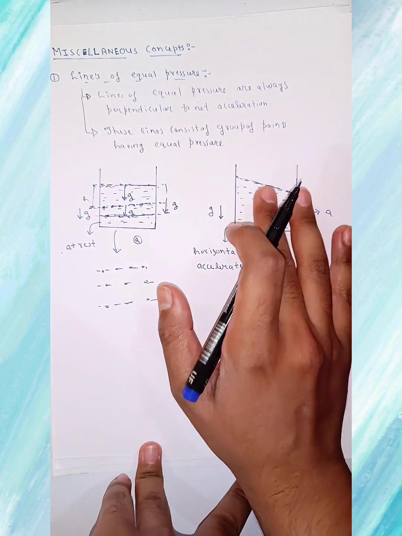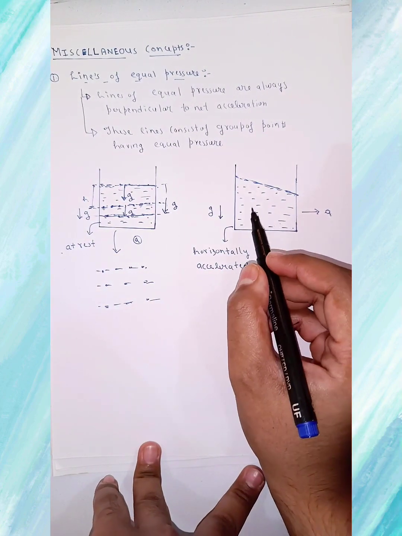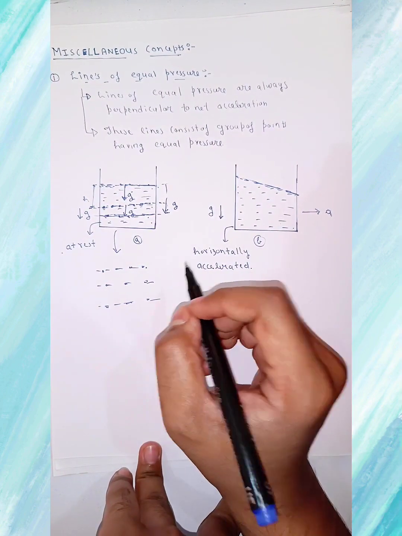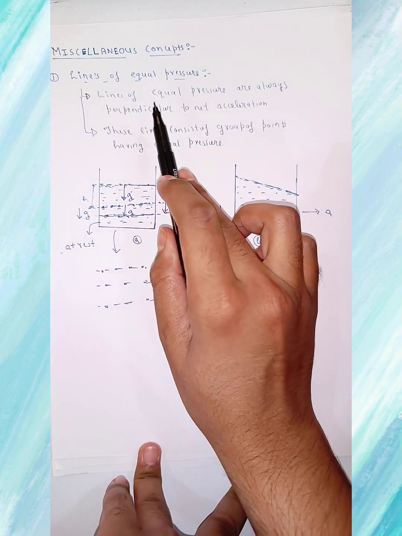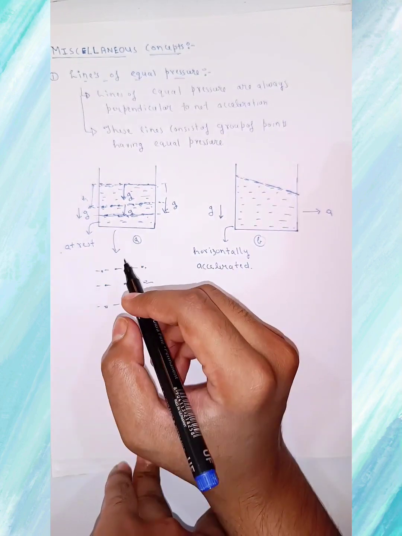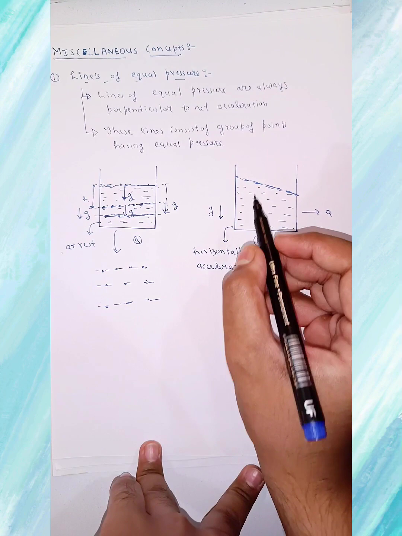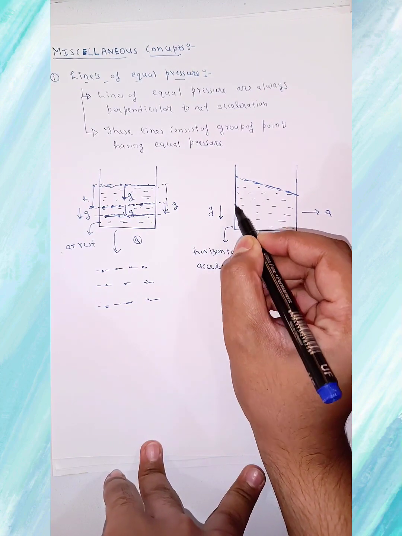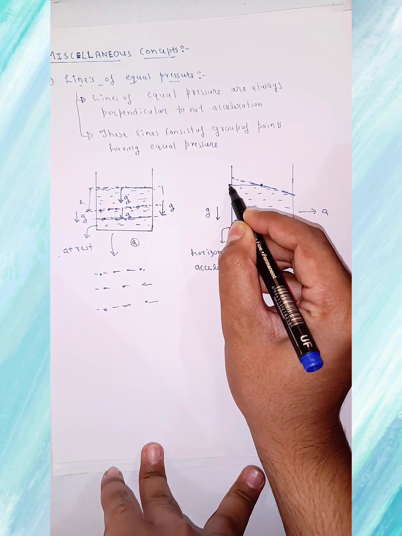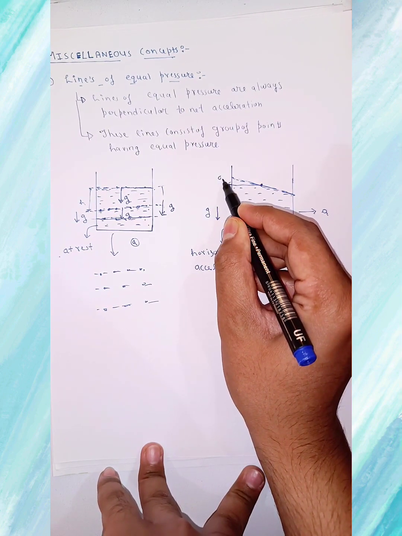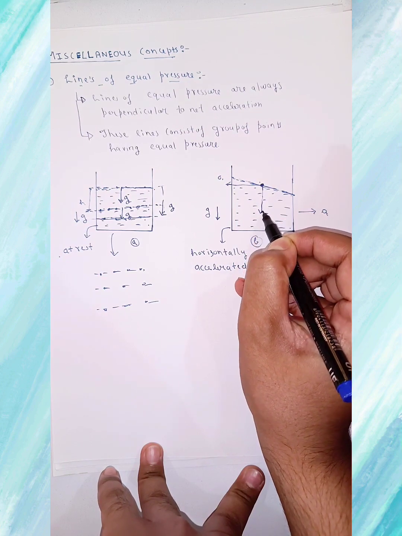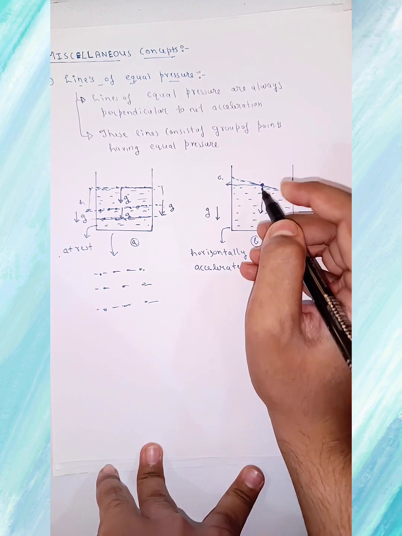Now let us find the lines of equal pressure in this situation. For that we first have to evaluate the net acceleration, and lines of equal pressure will be perpendicular to net acceleration in this situation also. So in the frame of this vessel, one acceleration will be like this, another acceleration, which is acceleration due to gravity, will be acting along the y direction.